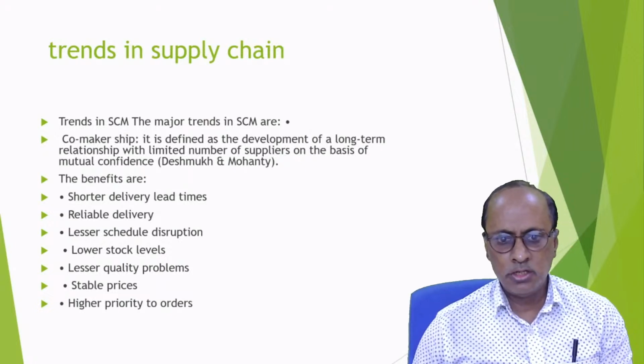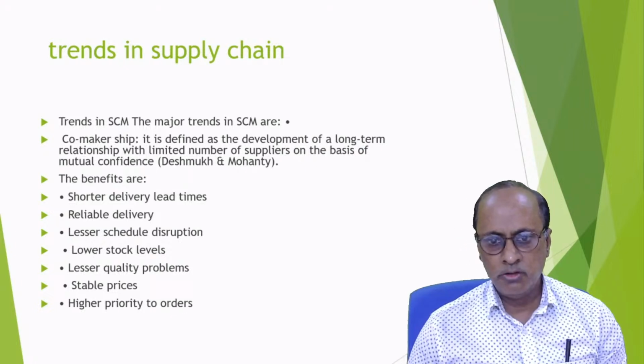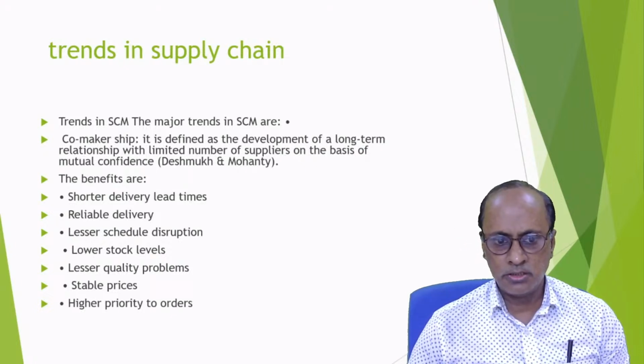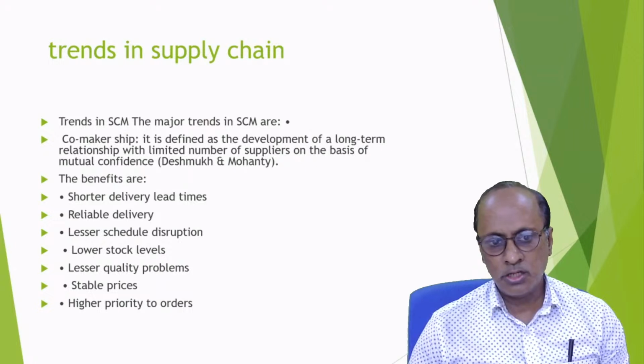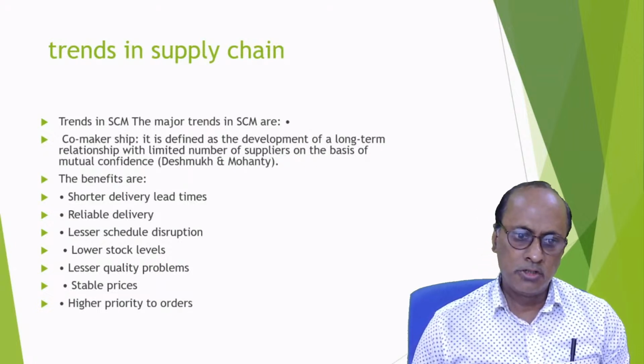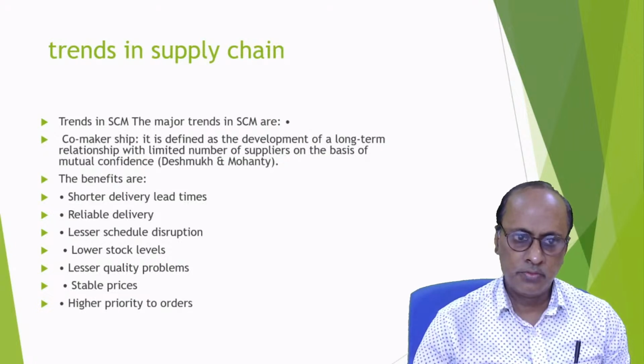Similarly, a mutual confidence should be there between the manufacturer and the distributors. When the manufacturer places an order, the manufacturer should have mutual understanding with the distributors, and thereby the distributors and manufacturers will get the benefits.